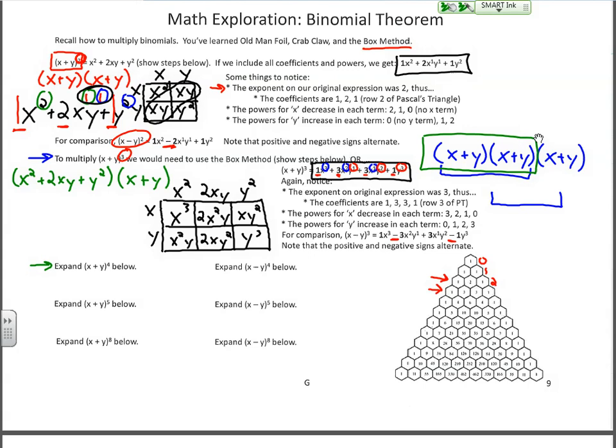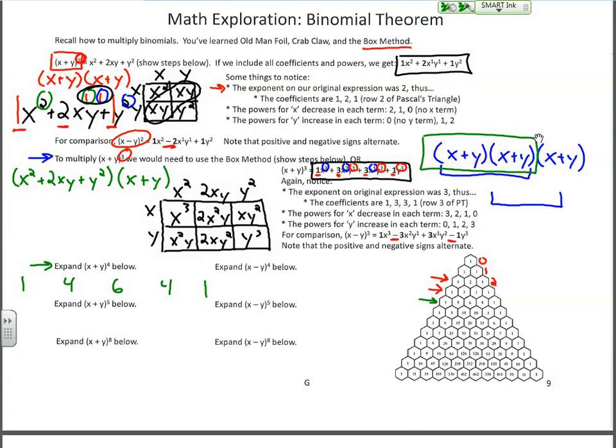Okay, thanks. How do I do that? Well, since our beginning exponent is a 4, I know my coefficients are going to be the numbers in row 4 of Pascal's triangle: 1, 4, 6, 4, and 1.